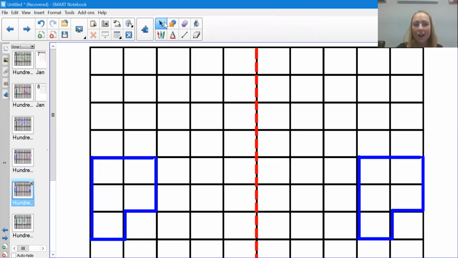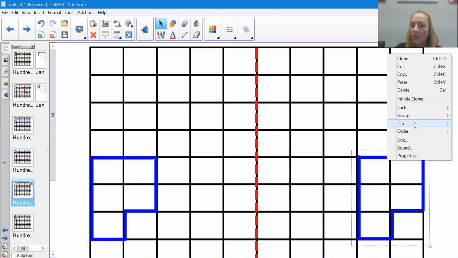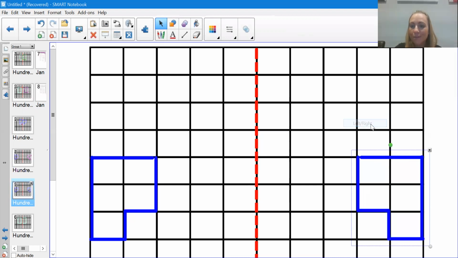So let's have a look here. I'd like you to pause the video and think about what mistake has been made. Okay, let's look together. It's 3 squares away from the mirror line. They both are. But the mistake here is it hasn't been flipped around. This should have been flipped like that. Each point needs to reflect.